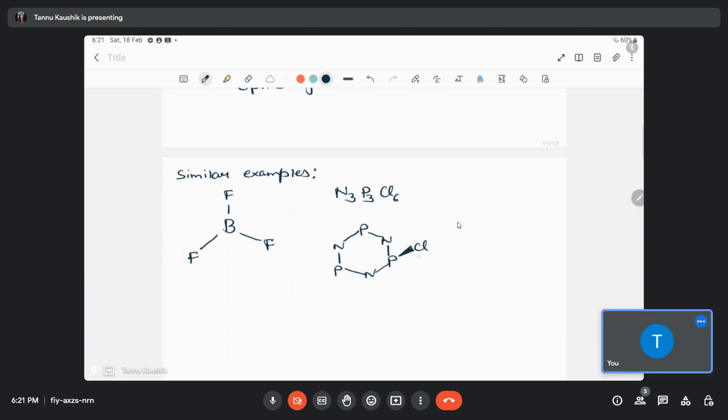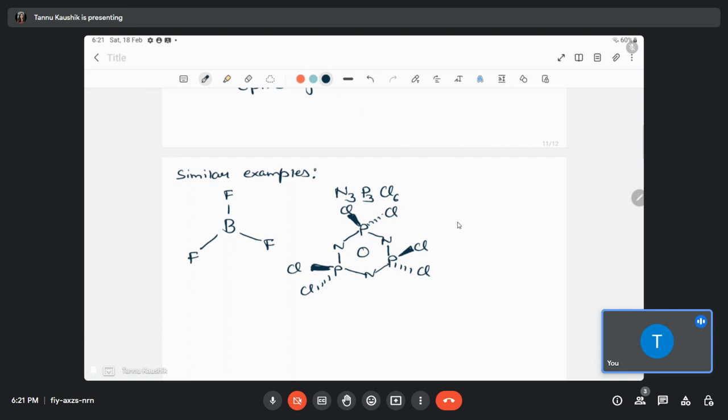So it will have this geometry. Okay, so you can find out the point group in this.